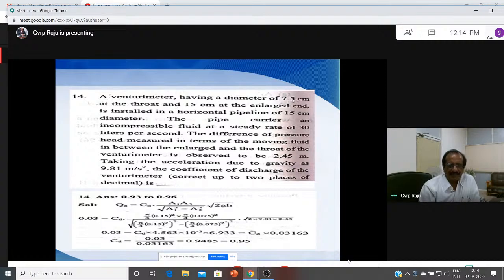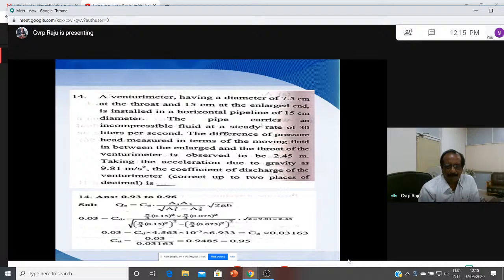This is D1, so A1 is pi D square by 4, with 0.15. A2 uses 0.075. With pi D1 square by 4 and pi D2 square by 4, you can get A1 and A2.